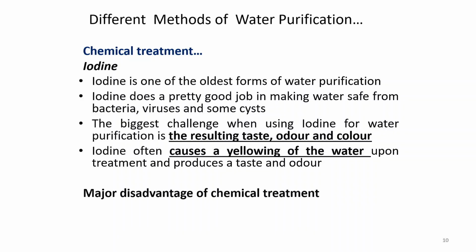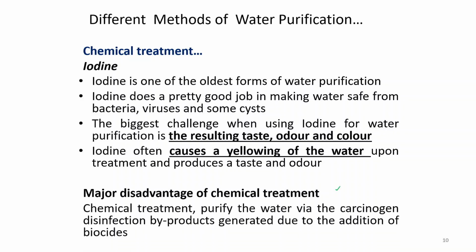The major disadvantages of the chemical treatment are that it purifies the water by using carcinogenic chemicals. Byproducts are generated that will remain in the water, so the biocides will be there.